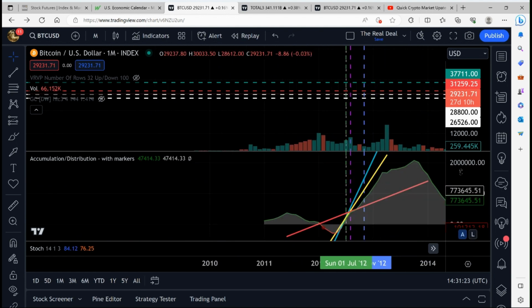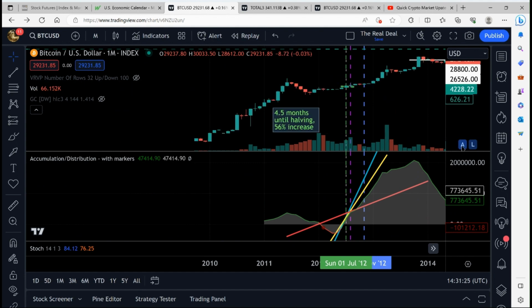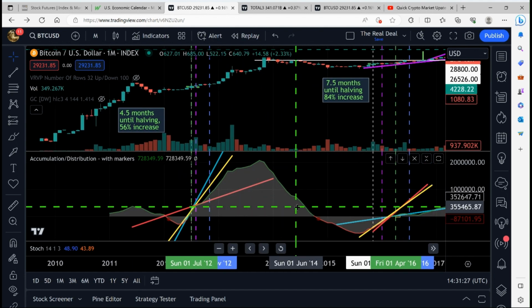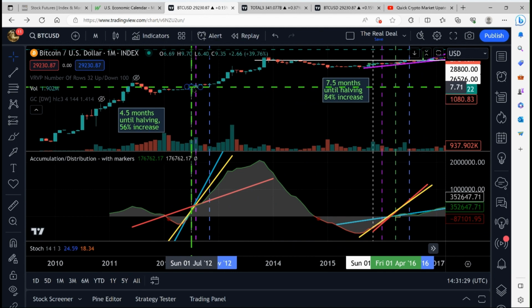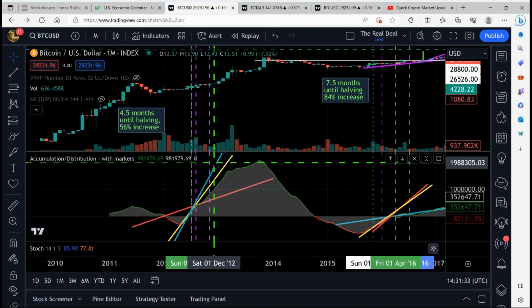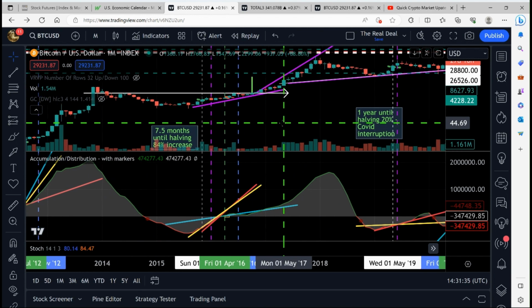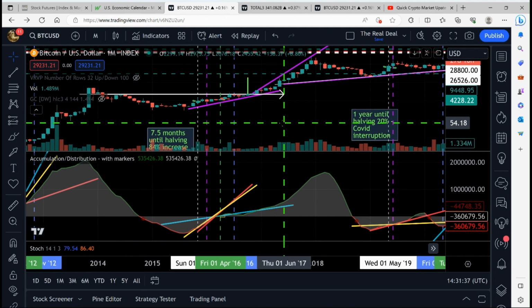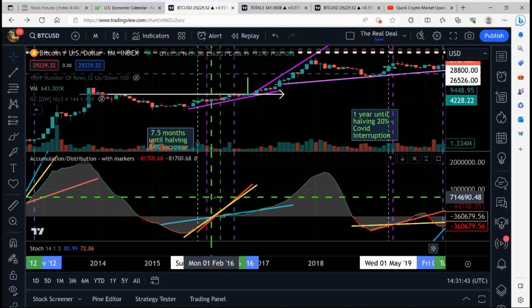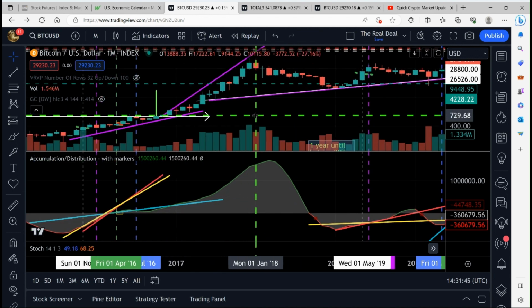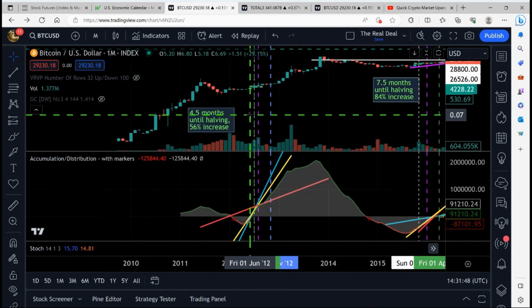Let me turn these on like this. The slopes of the green lines. Remember, we moved up significantly here in 2012. We had a steep slope. And as I recall, you know what?